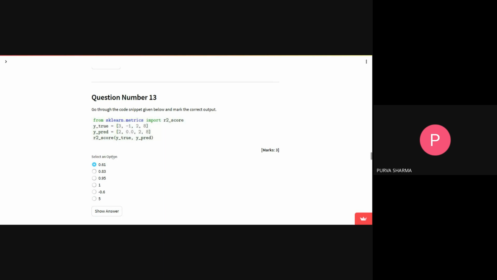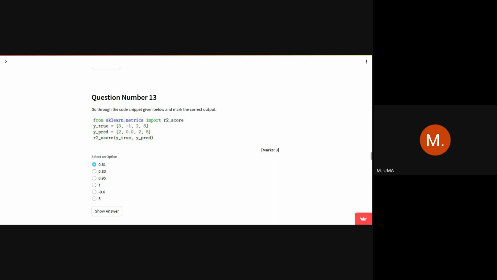The formula is 1 minus the squared difference between the true value and the predicted value, divided by the squared difference between the true value and the mean, which is the variance of y true.